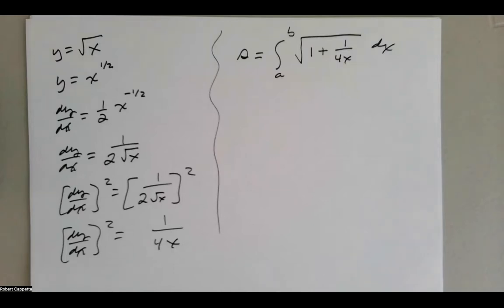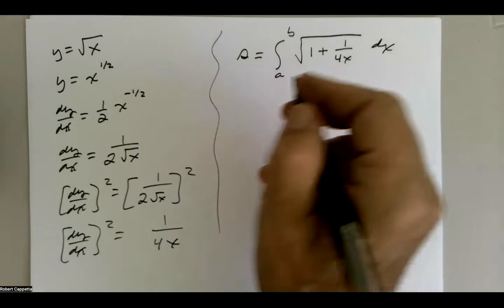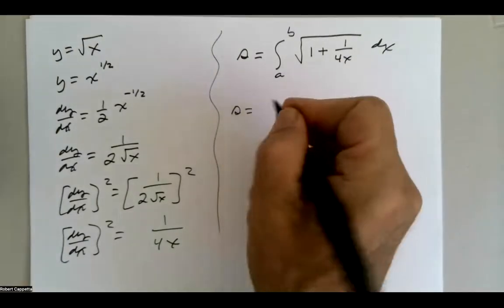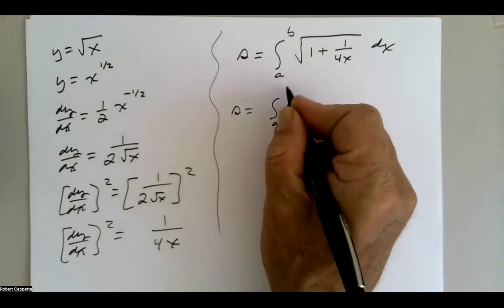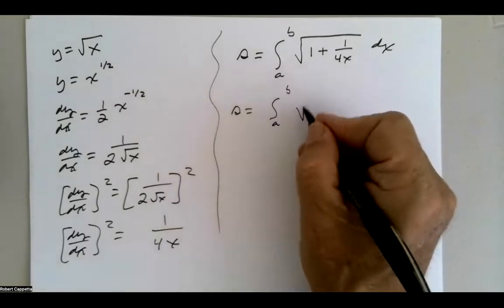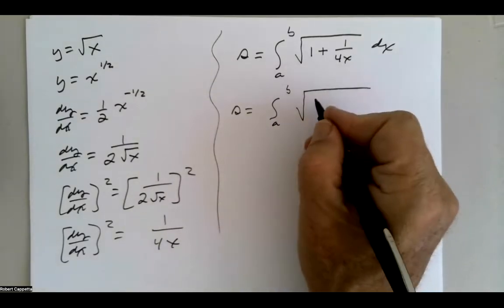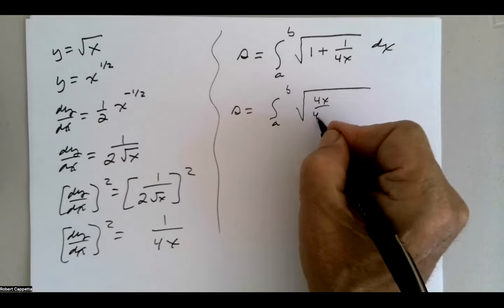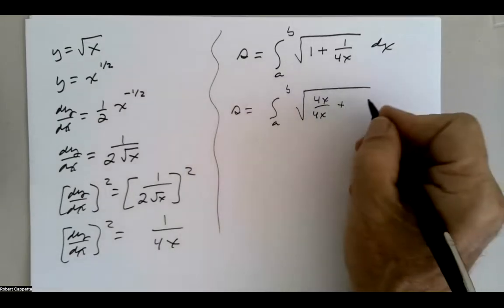Well, let's simplify the algebra first to see where this is going. Getting a common denominator, s is the integral from a to b of the square root of 4x over 4x plus 1 over 4x.